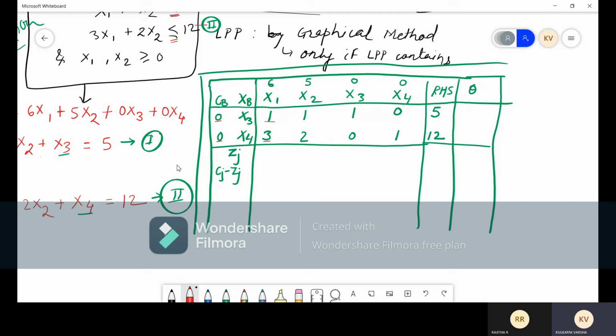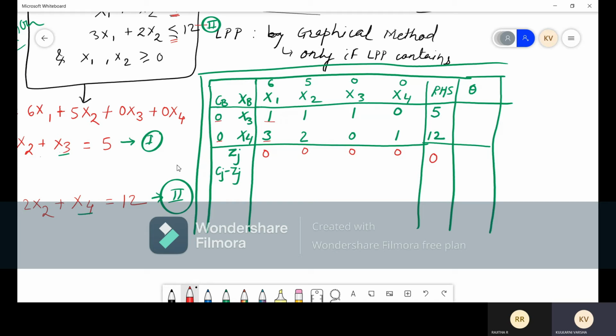So here zj will be 0, for this also 0, here also 0, here also 0. And we'll do the dot product of 0 into 5 plus 0 into 12, so this is also 0. So in the first iteration, we'll get all zeros.